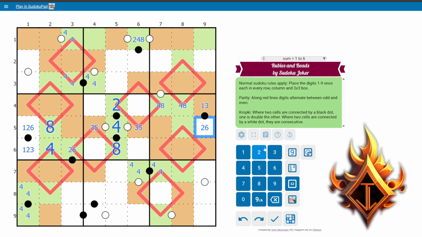This is now even. And now I know that this one is odd. And now it can only be 1. This one will be even. And it will be 2. So that becomes 3.